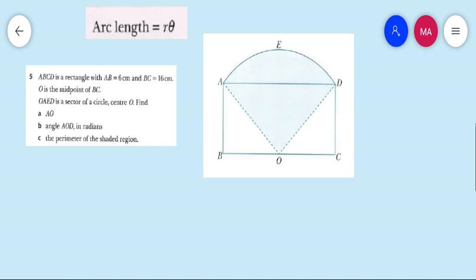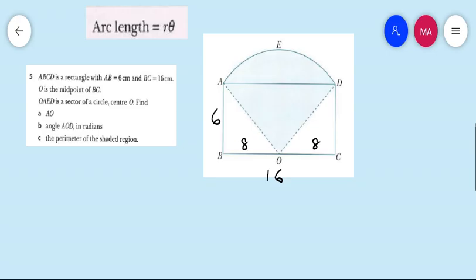So given that AB is 6 centimeter, this is 6. BC is 16, this is 16. O is the midpoint of BC. It means O to C is 8 and O to B is 8.